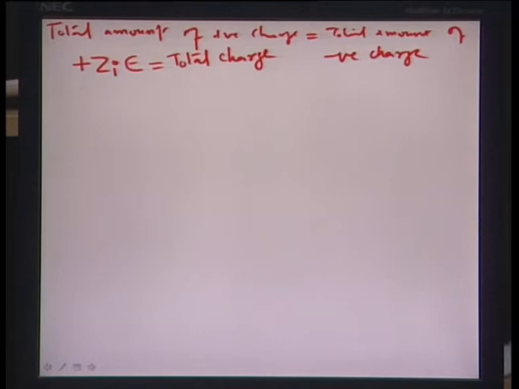So, of course, if I have let us say a positive ion here, and this has some kind of a radius, let us assume the radius is A, which is very close by here, and we assume that there is an ion cloud which extends all the way up to infinity.